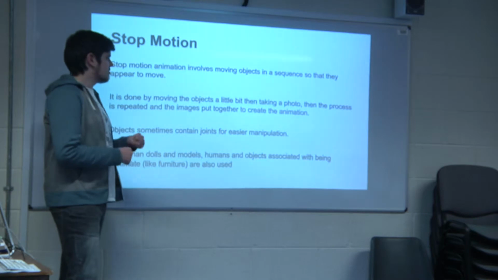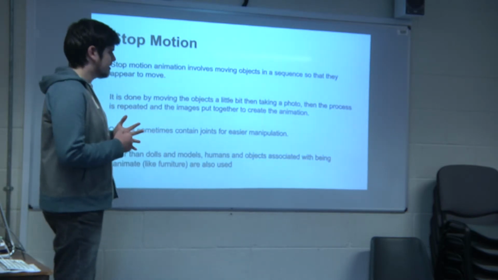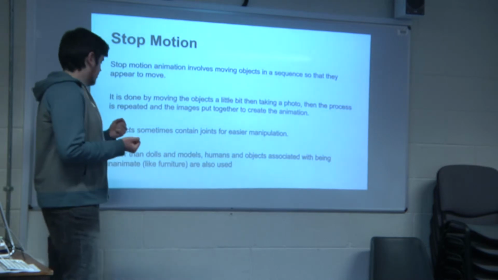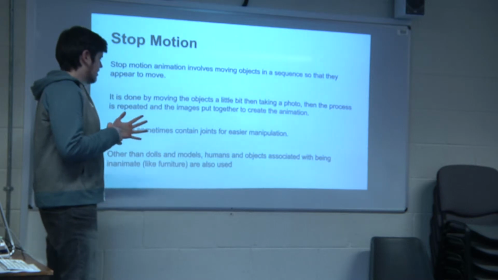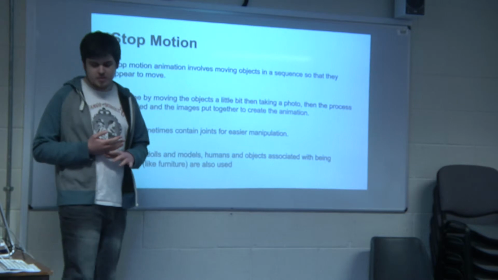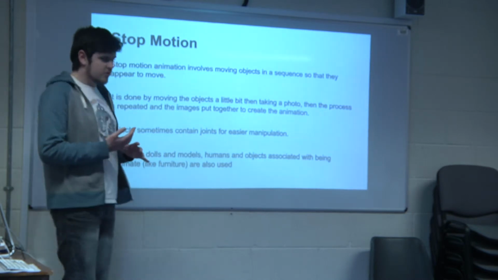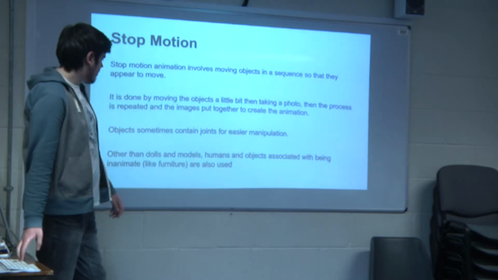The objects they use would sometimes be models or dolls, which would have joints in them for easy manipulation, but also other than dolls and models, humans, and objects that are associated with being inanimate, like furniture, would also be used to bring them to life.